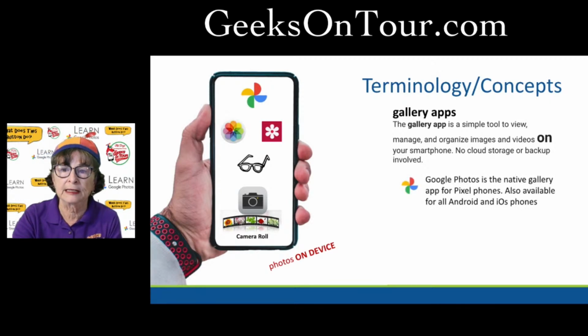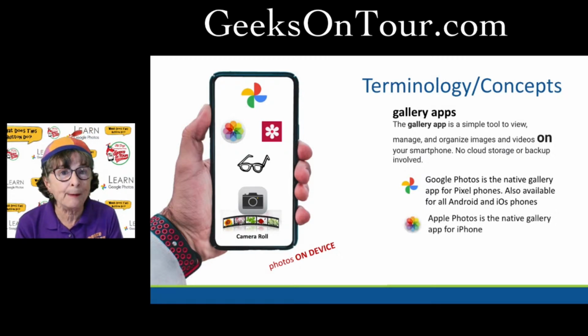So if you look at the picture of the phone in the hand, Google Photos icon. Yeah, Google Photos is the native gallery app for Pixel phones. If any of you out there have a Pixel phone, most of what I'm talking about today doesn't apply to you, because Google Photos is your native gallery app. So there is no other to compare it to.